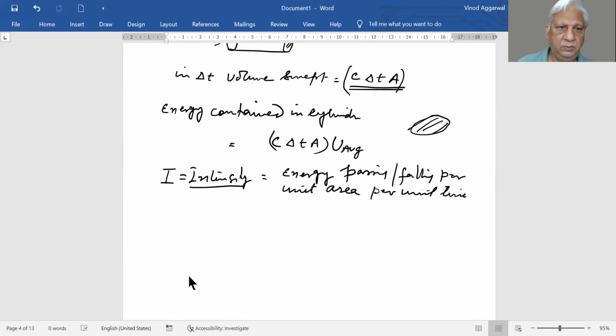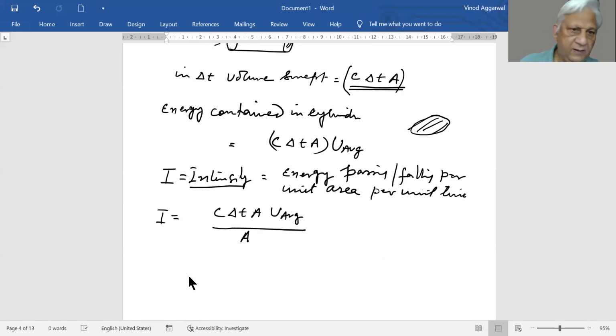So our intensity becomes energy per unit area and per unit time. So we knock off A, and it becomes c U average.